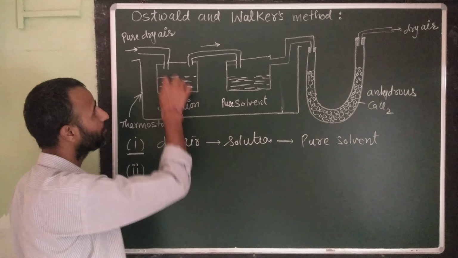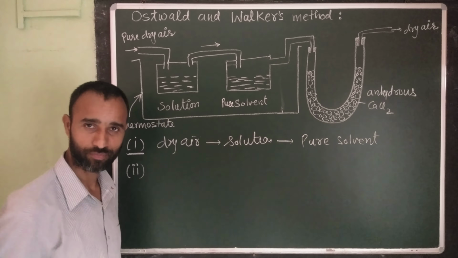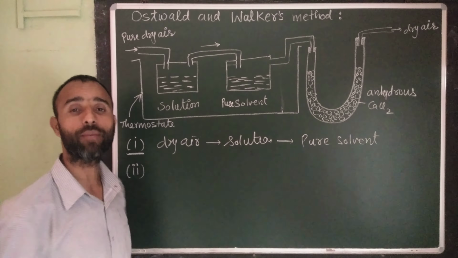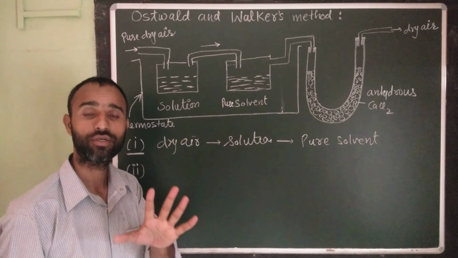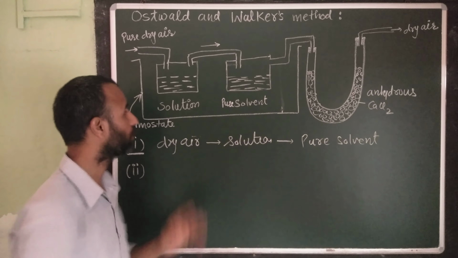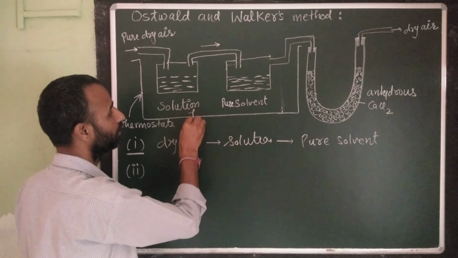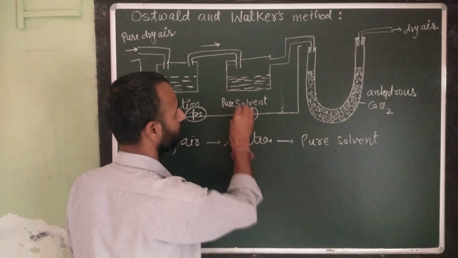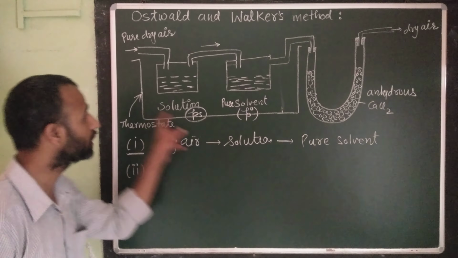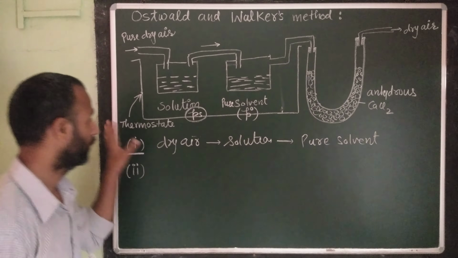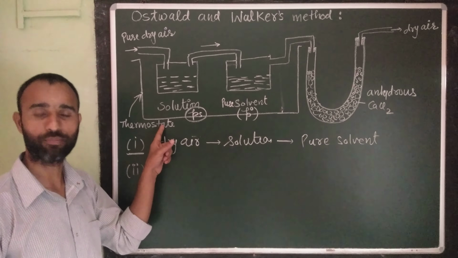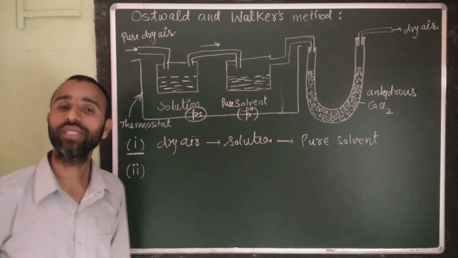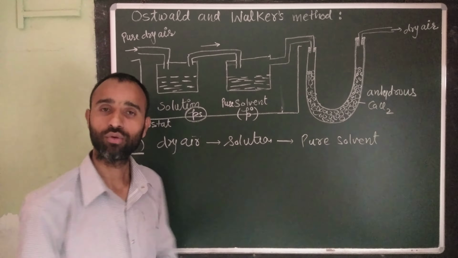Now when dry air passes through the solution, then when it goes towards solvent, its vapor pressure becomes PS, because vapor pressure of solution is PS and vapor pressure of pure solvent is P naught, and these two solutions are kept in a constant temperature bath, that is thermostat. Okay, we place it in thermostat so that their temperature is fixed.